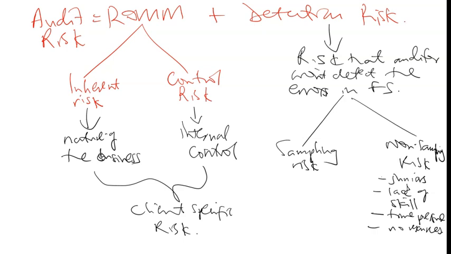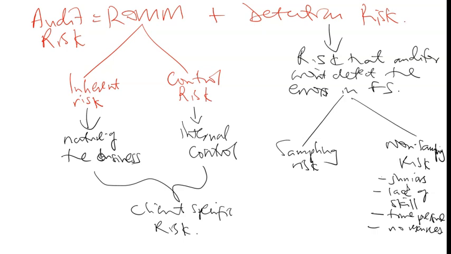All right? Now, tell me, let us say the auditors are inexperienced. They don't actually know what they are doing, okay? But the client's reporting is just perfect. No fraud, no errors. Can we say there is audit risk?